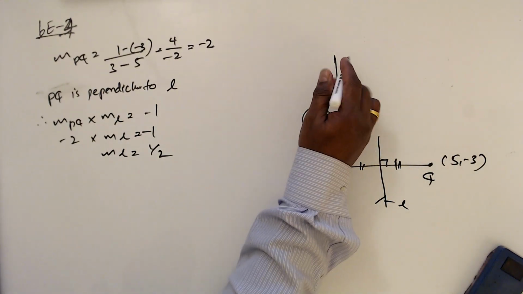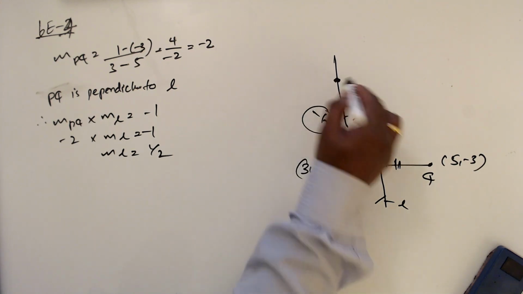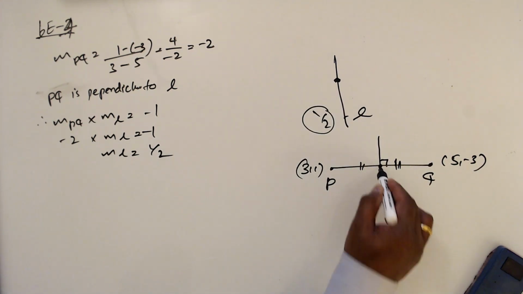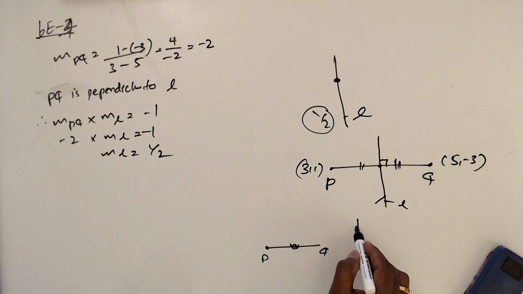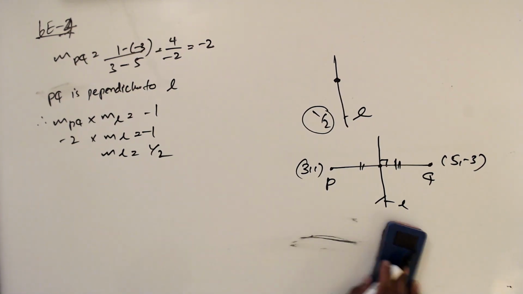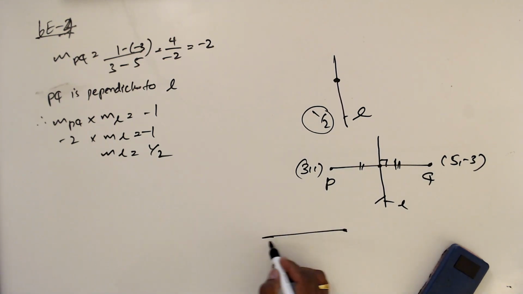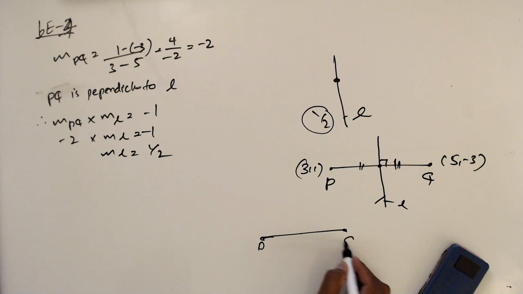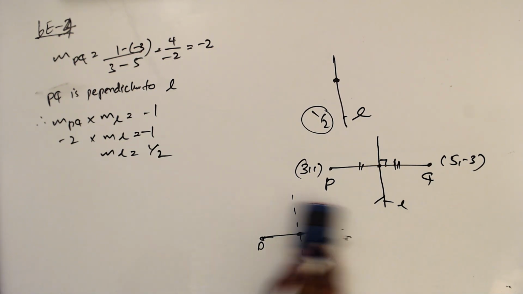Now I need a point on this line. I know this point belongs to PQ and this same point belongs to L, a common point. So if I manage to find the middle of PQ, then I know that point also lies on this L. Now we'll find the middle of PQ.